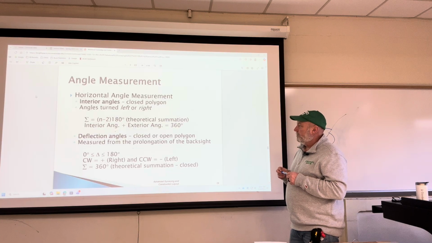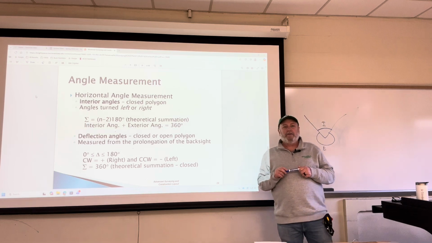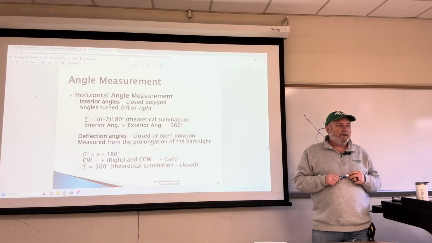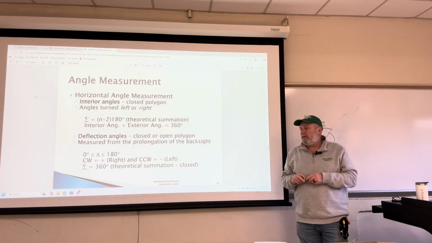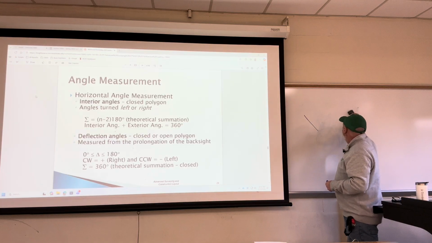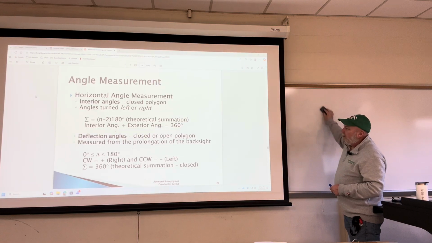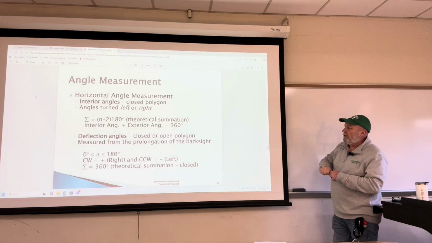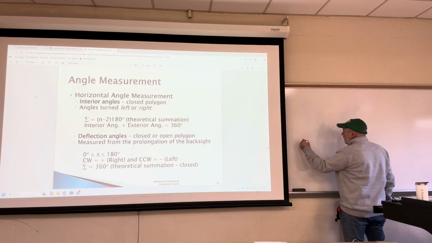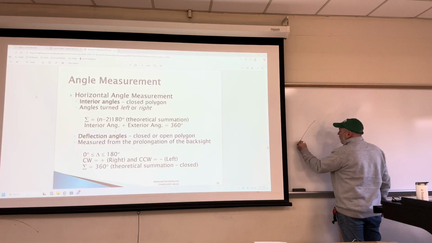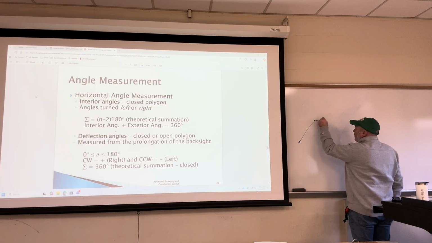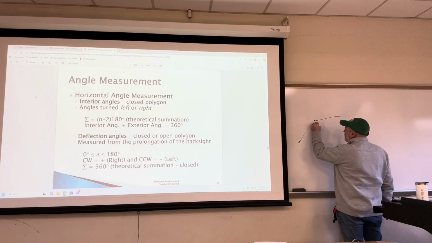Deflection angles. We will get into calculating deflection angles, particularly calculating our way through a horizontal curve, like on a roadway alignment, for example. But what that means here, at least from this standpoint, is measured from the prolongation of the backside. So you've got your 2 points, you're going to go this direction. You've got your instrument set up here.